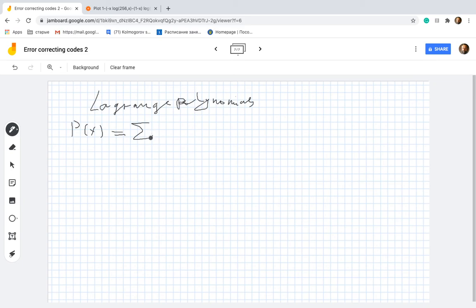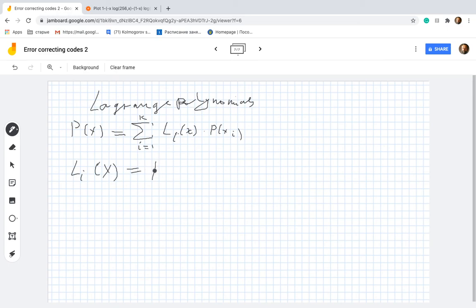Actually, we do not need to have many points. It's enough to have k points, because the polynomial itself has k coefficients, and so it's enough to know its value in k points, and it is obtained as the sum of Lagrange polynomials Li of x times the values of the polynomial in those points, where the Lagrange polynomial Li is defined using the following formula.